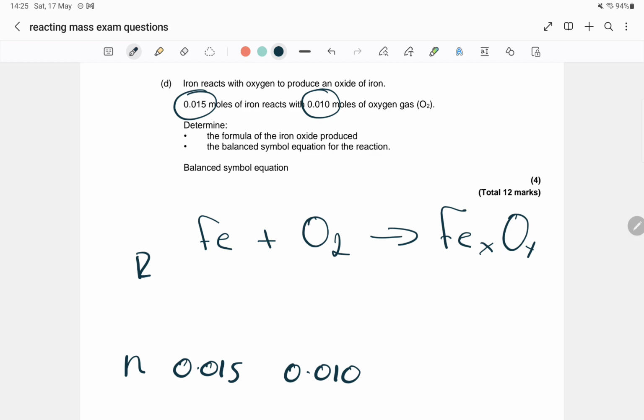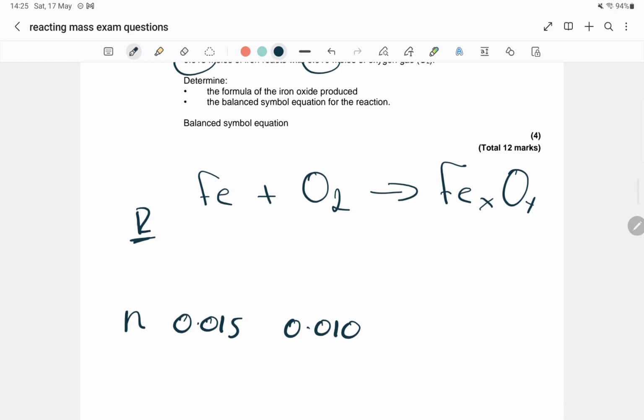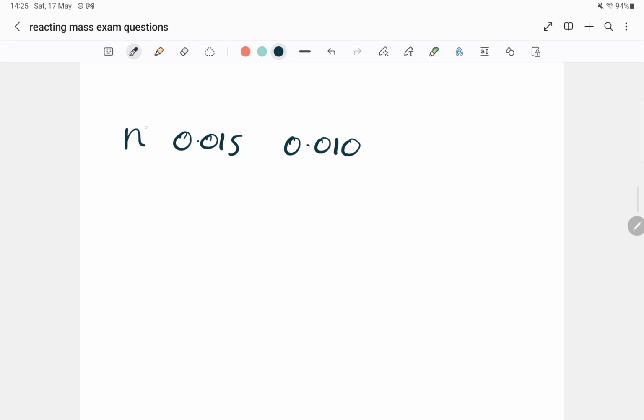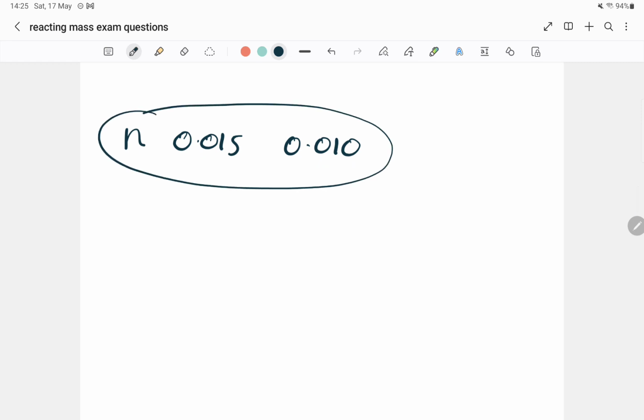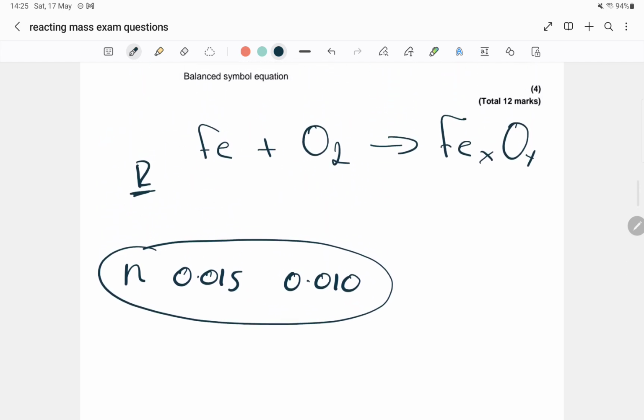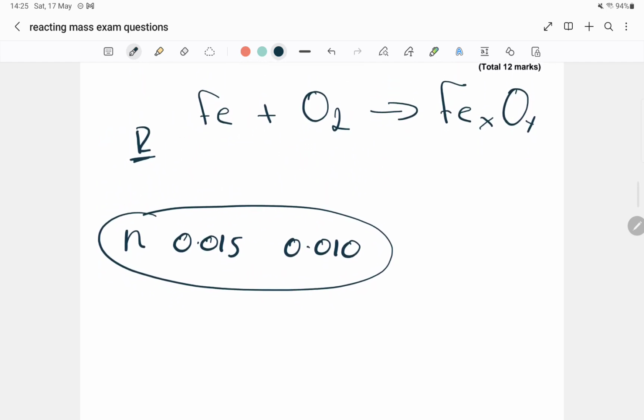This time, they've not given you the ratio, but instead, I need to work out this ratio. So to work out the ratio, it's very important we use these numbers. I'm hoping you've recognised that the moles of iron is larger than the moles of oxygen. So whatever number I'm going to put here is definitely going to be bigger than the moles of oxygen.